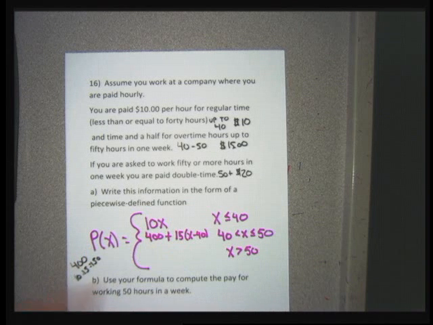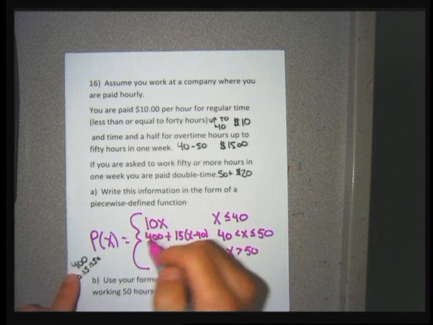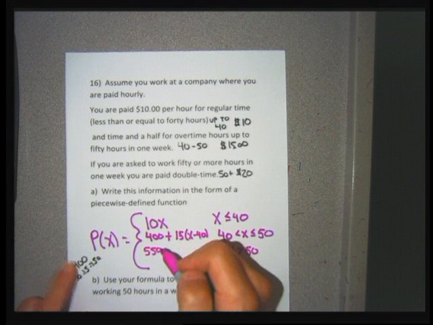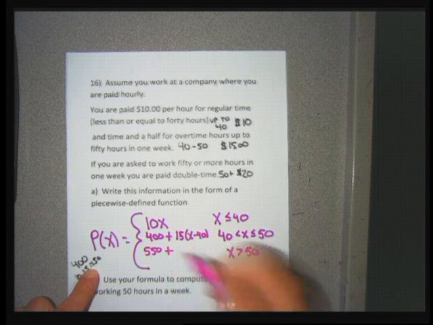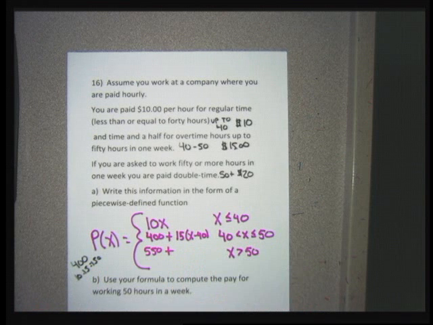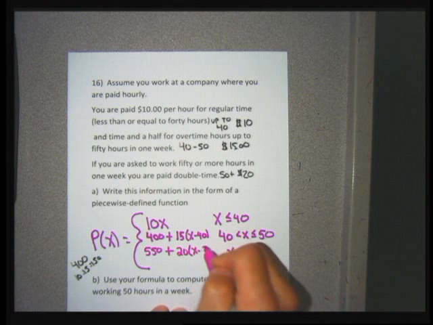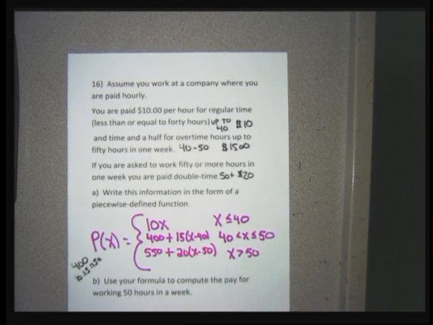So my base pay is $550, regular pay plus time and a half. And then I'm going to compute my double time. My double time is $20 per hour times any amount of work over 50 hours. So that would be the perfect formula to do this computation.